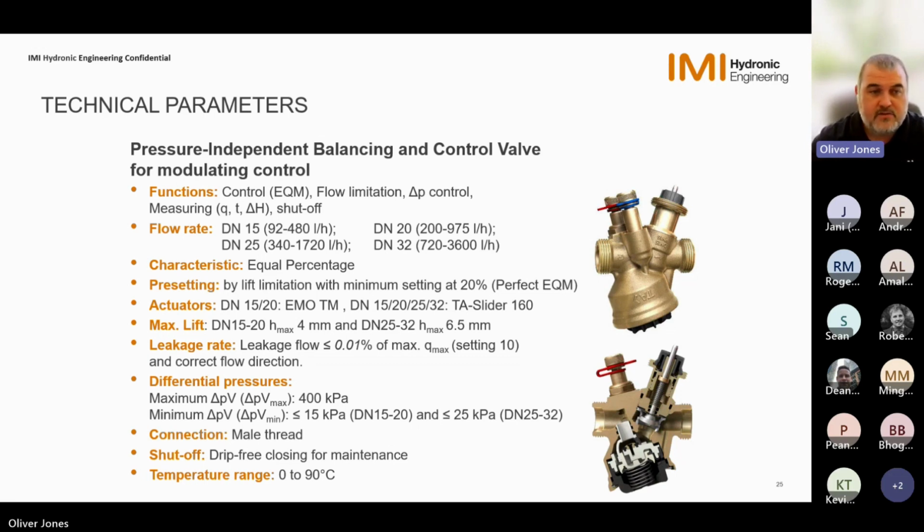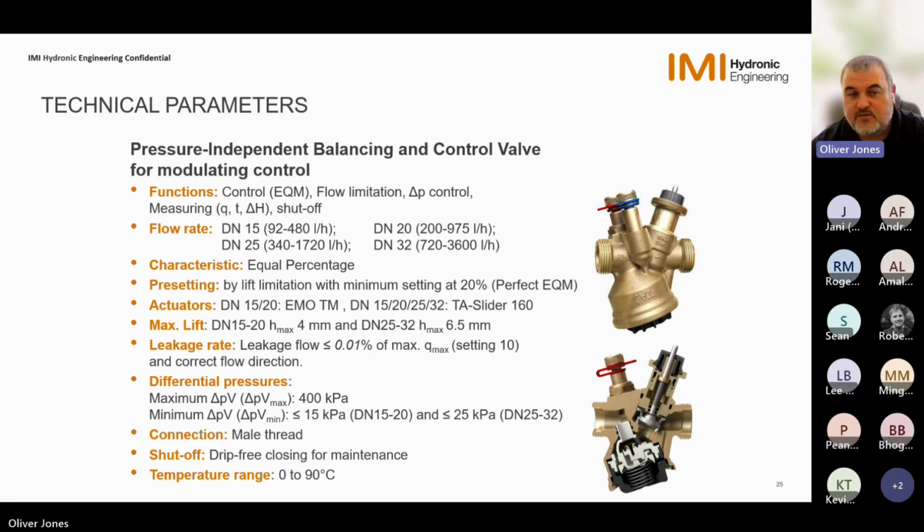Our flow rates through the valve, so the DN15 unfortunately is in litres per hour, because most of our products are made in Europe, so everything is slightly easier in litres per hour as it is in litres per second from a visual purpose. So 92 to 480 litres per hour permissible through the smaller valves, up to 720 to 3,600 litres per hour through the 32mm valves.